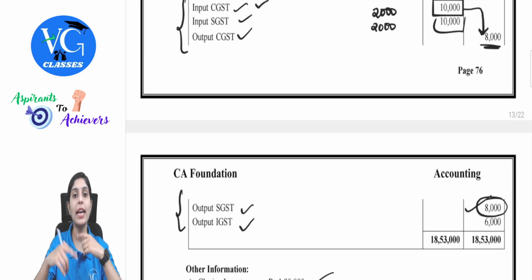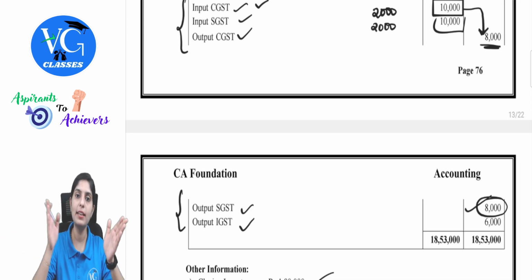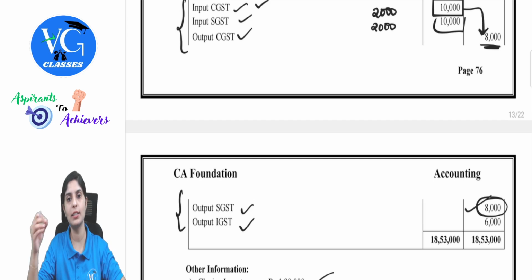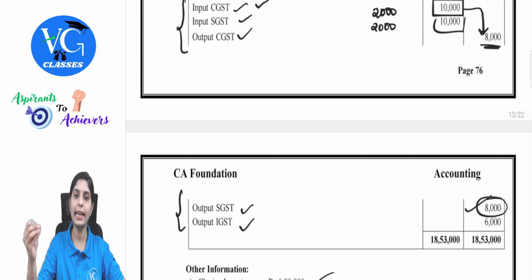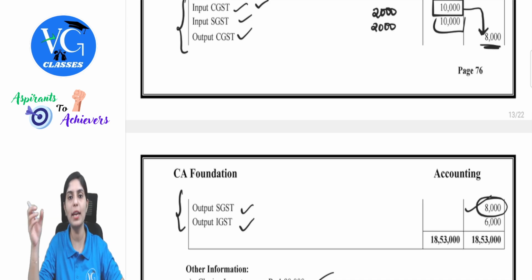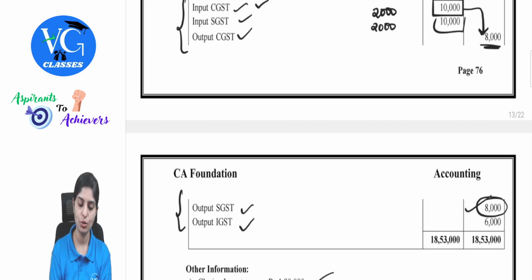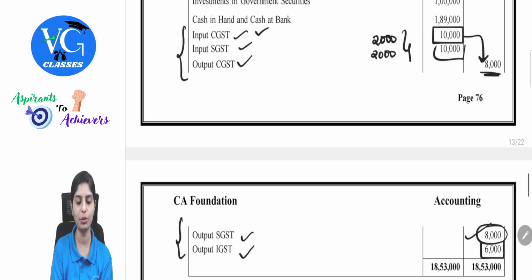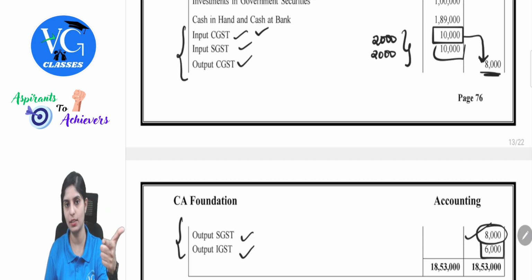Now, we have excess balance of output IGST, that is a liability. Incidentally, we have balances left in CGST and SGST as input. So, don't you think we can still make use of these balances for paying output IGST? Yes or no? Yes. So now this 6,000, whatever I have balances of 4,000 in total, that is from CGST and SGST.